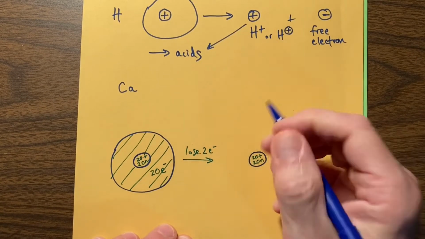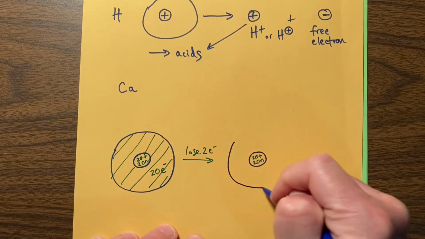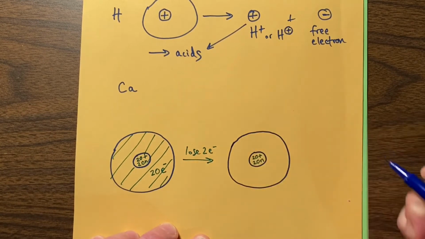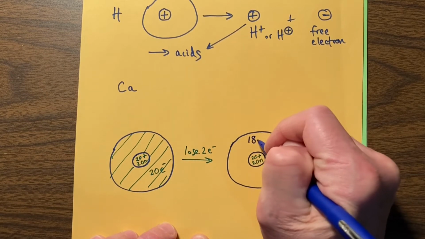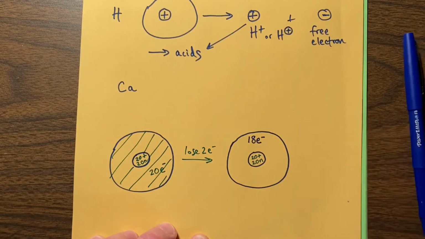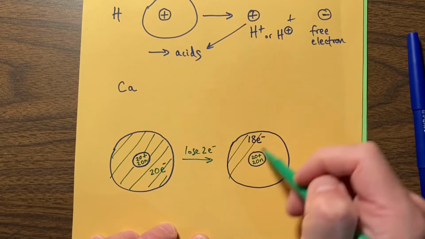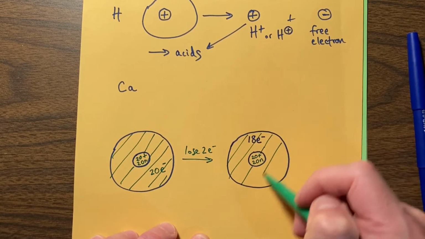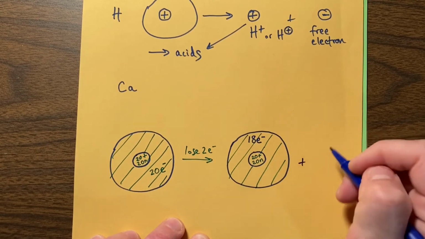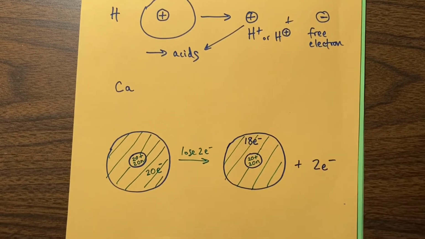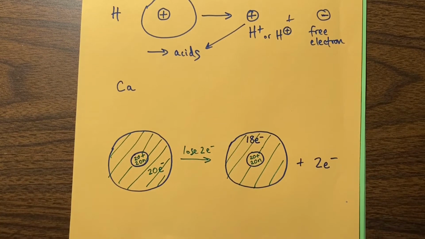All that's happened is it's become a little bit smaller. That's not much smaller, but it is a little smaller in reality. And now it only has 18 electrons around it in this cloud. You can think of it as a cloud of electrons. And it's lost those 2 electrons. And now they're kind of waiting to be picked up by something.